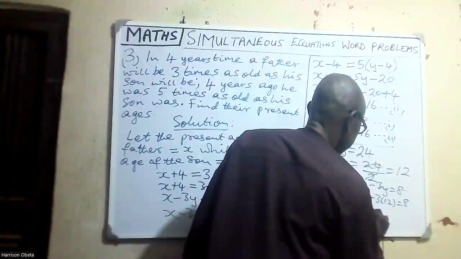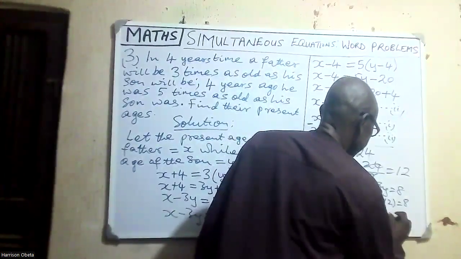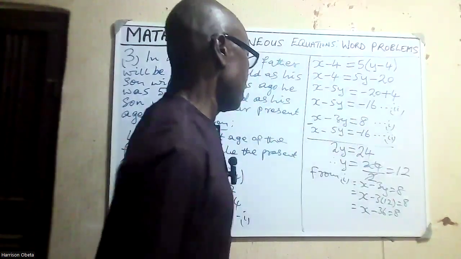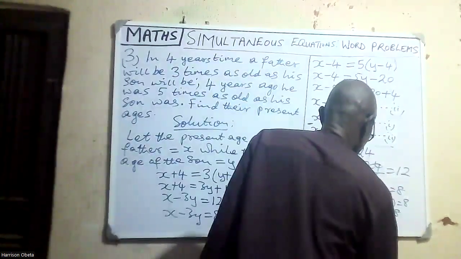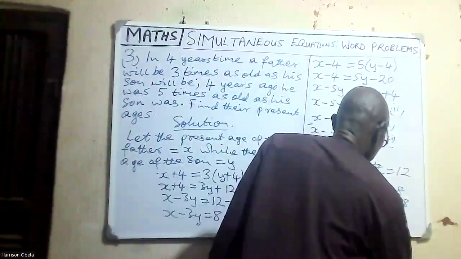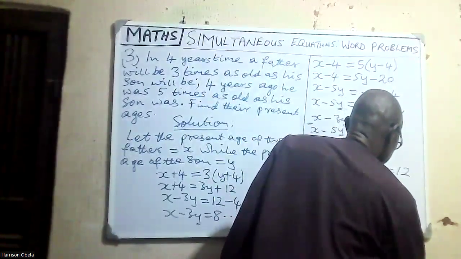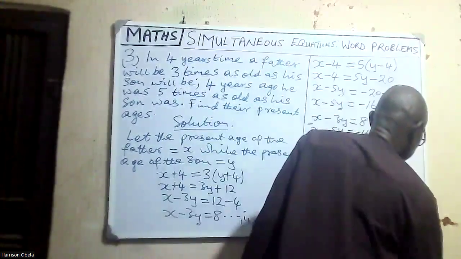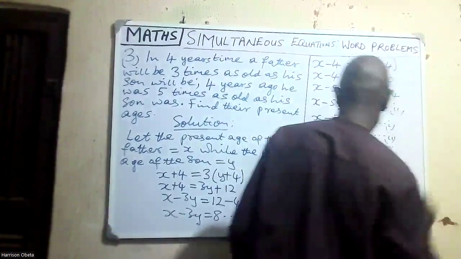And that is x minus 36 equal to 8. Bring them together. Therefore, x is equal to 8 plus 36. And that will give us 44.